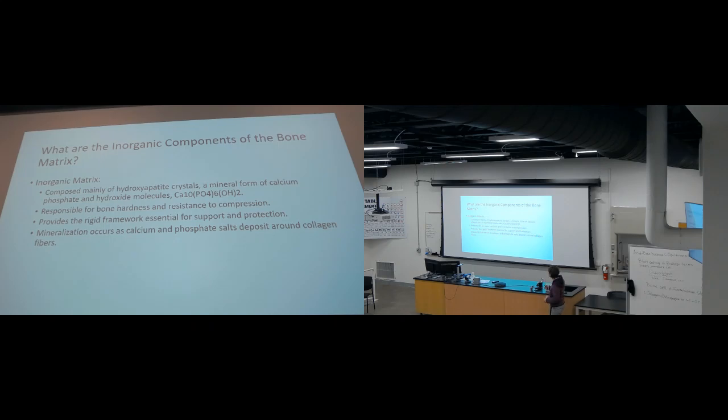That's the main form. And that is what gives the bones the rigidity, the structure. But we still have an organic matrix, the osteoid, made of collagen fibers, that makes our bones flexible, and to have some cycling between the collagen, the osteoid, the organic matrix, and the inorganic matrix for remodeling.